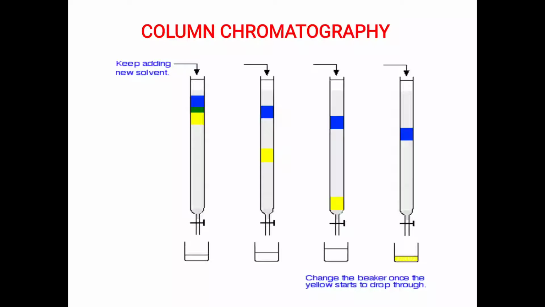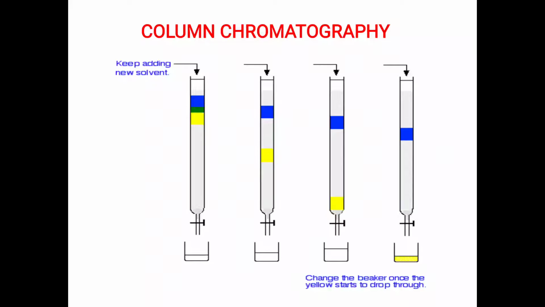See here, the weakly adsorbed part, the yellow part, is moving down, and the strongly adsorbed part stays at the top. So there is formation of such zones, and if we continuously keep adding new solvent, that means addition of the mobile phase, there is separation of the two zones, and as the other is strongly adsorbed, the weakly adsorbed yellow component gets separated.